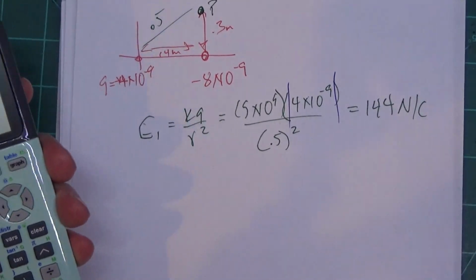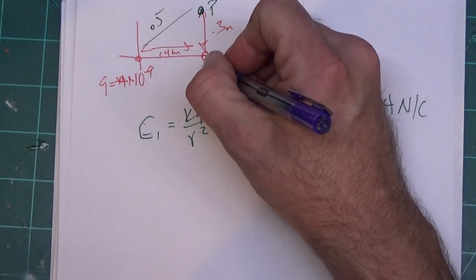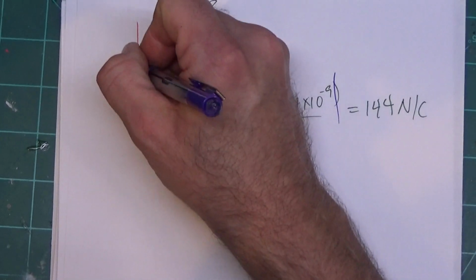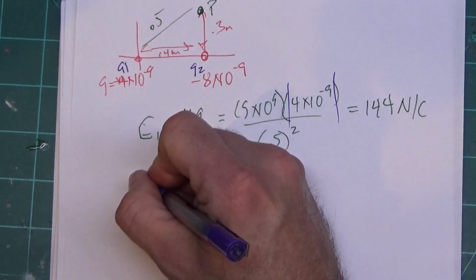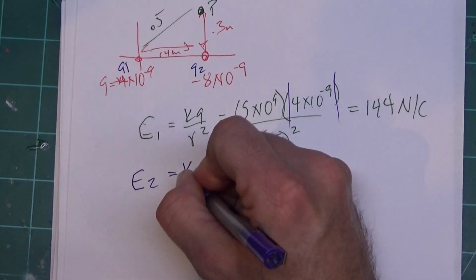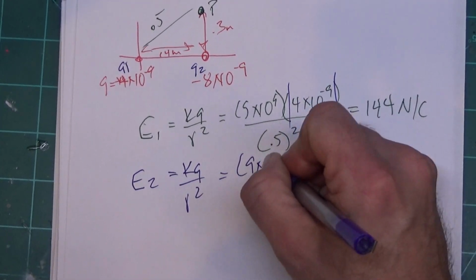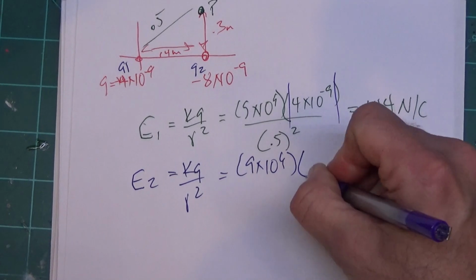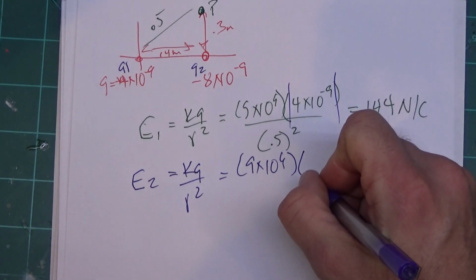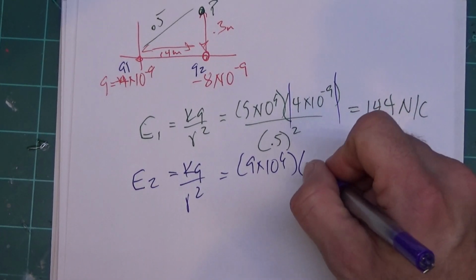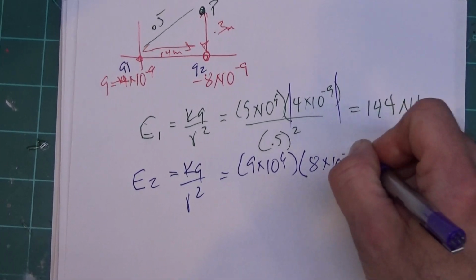Now we're going to go through and do the electric field due to point charge 2, which is here. This is Q2. This one was Q1. So E2 is KQ over R squared, or 9 times 10 to the ninth, times Q, which is 8 times 10 to the negative ninth.